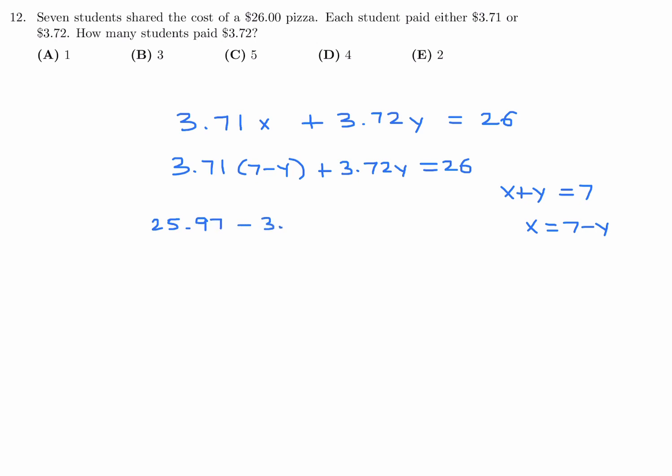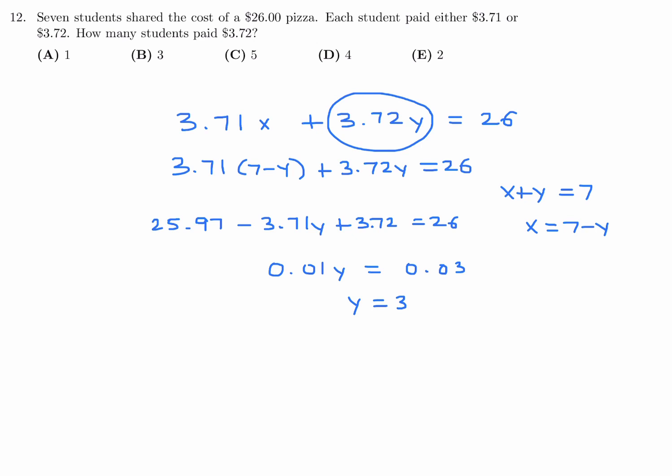Minus 3.71Y plus 3.72Y, and that is equal to 26. So this looks like 0.01Y, and on the other side it looks like 0.03. And therefore Y is 3. So 3 people paid $3.72. So number 12, the answer is B.